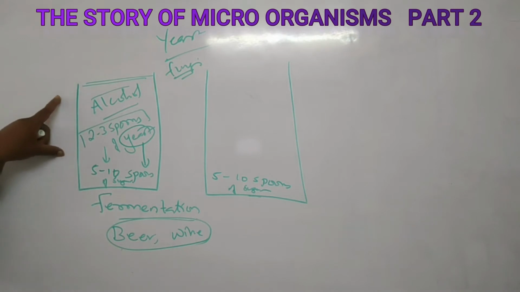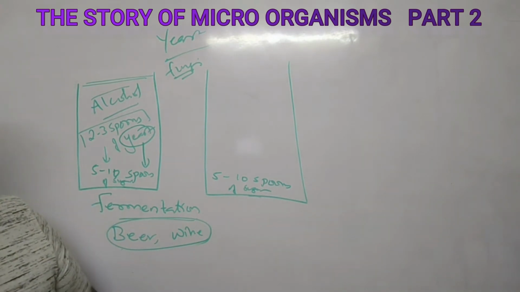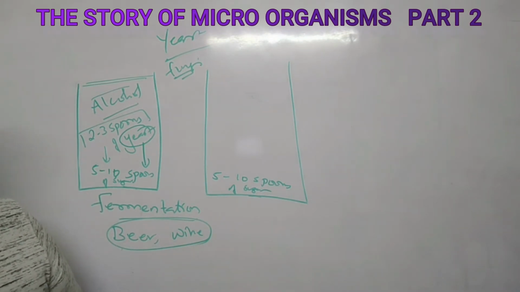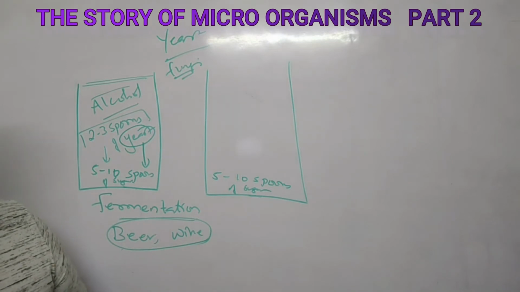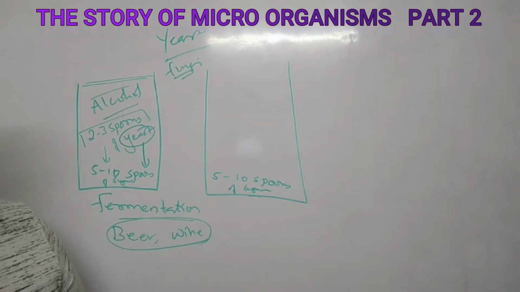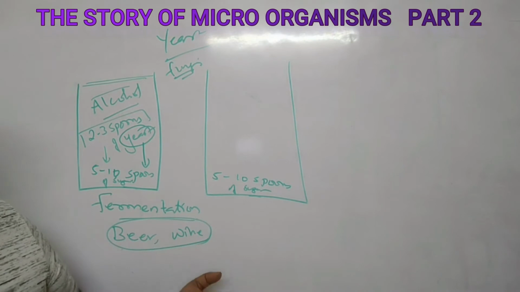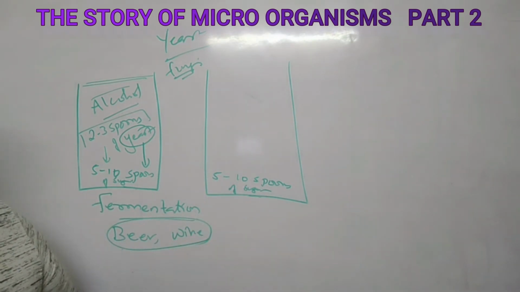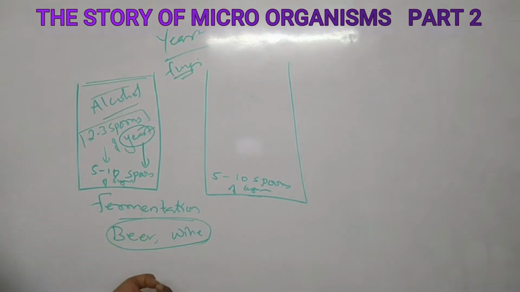Even in the sugar industry, the molasses which is produced in the sugar industry is used in the preparation of ethyl alcohol by adding yeast for the fermentation process.